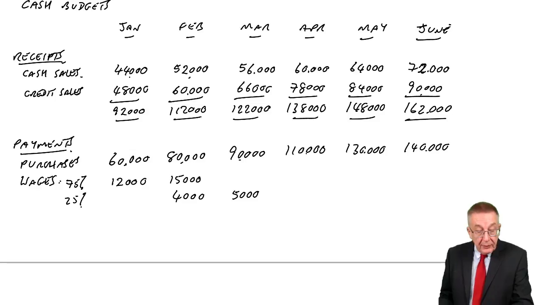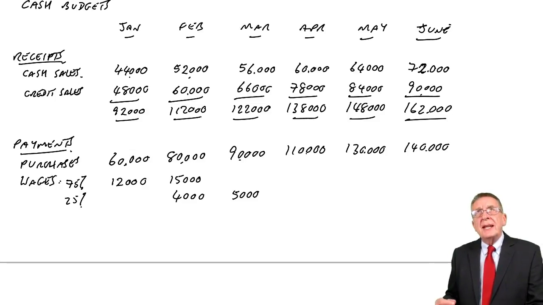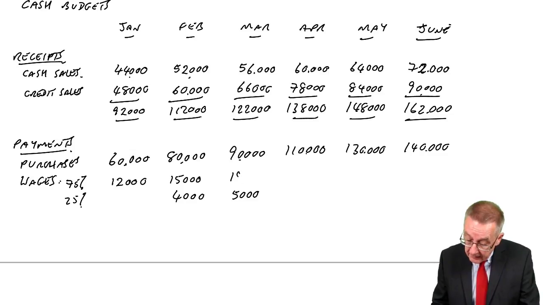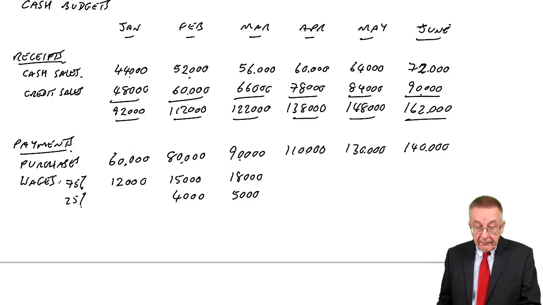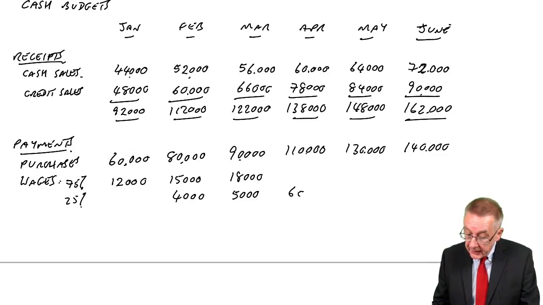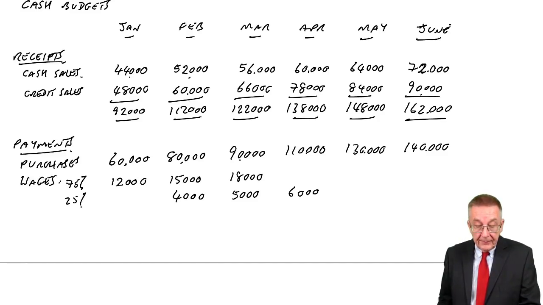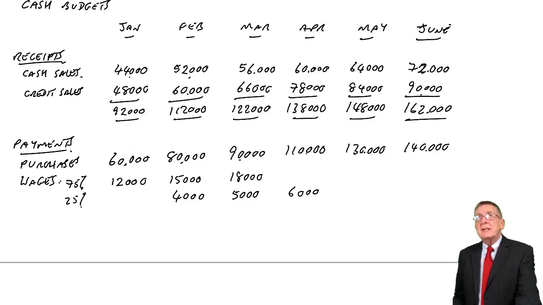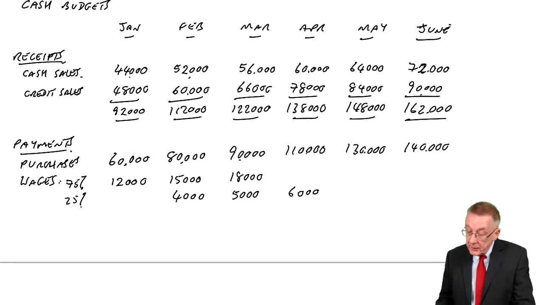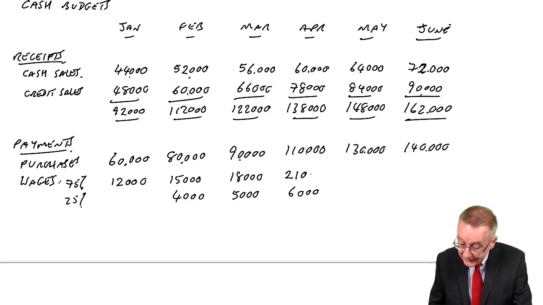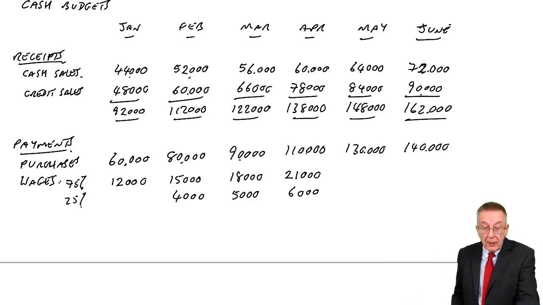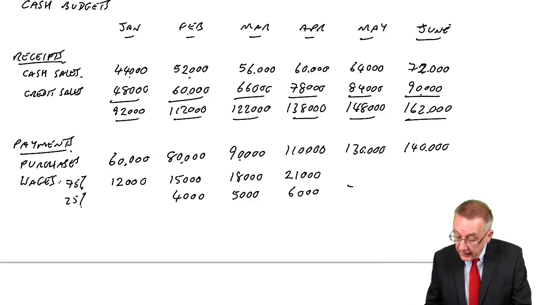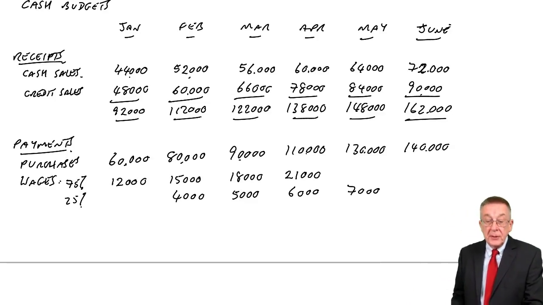March's wages, 24, where are we? Yes, 24,000. 75% is 18, paid in March. 25%, or 6,000, in the following month. April, 75% of 28 is 21,000, paid in April. The other 25%, 7,000, in the following month, which is May.